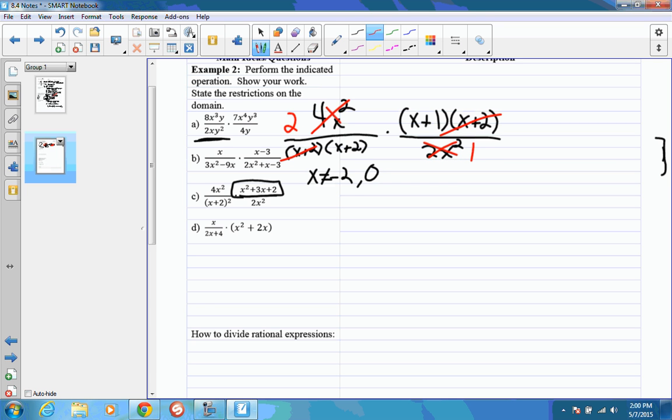Everybody see that? 4x squared divided by 2x squared, that's just 2. Anything else cancel? No. So let's write it out. I've got 2 times x plus 1 over x plus 2. That's it, times 1.